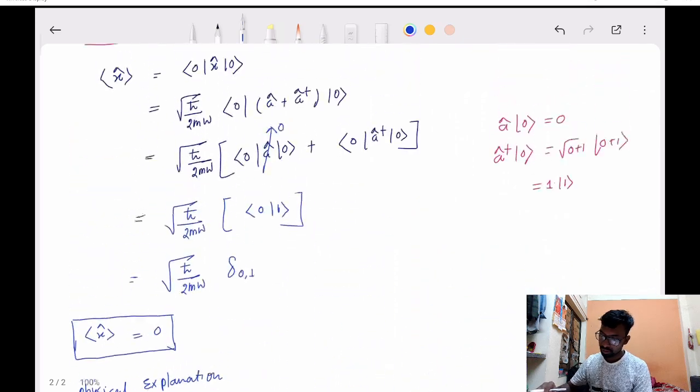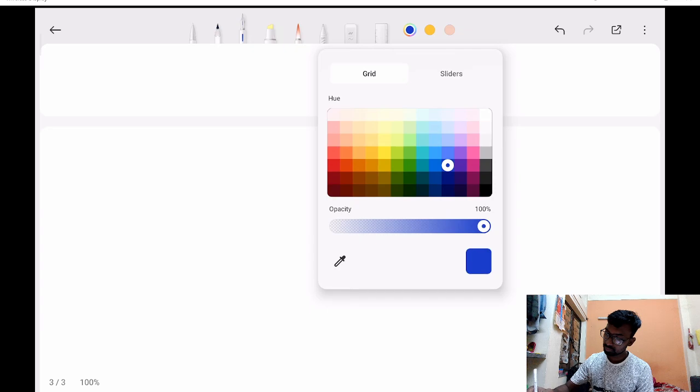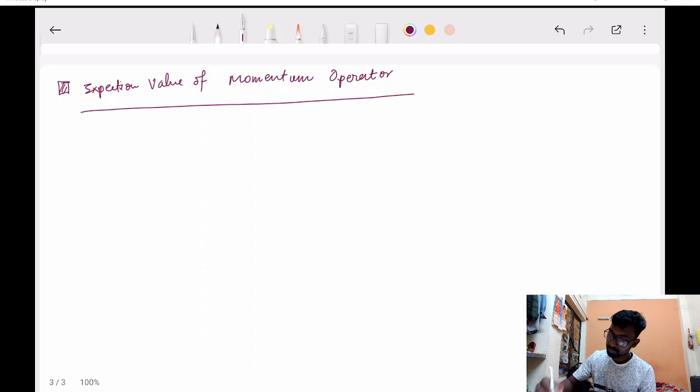Okay, next we go to the expectation value for momentum operators. Take a heading: expectation value of momentum operators.